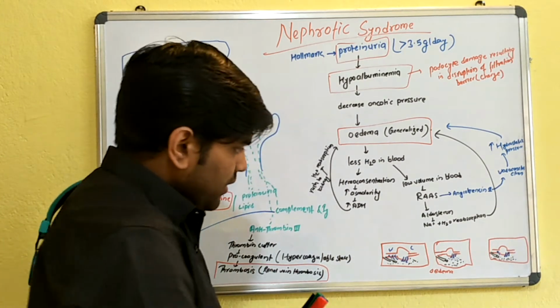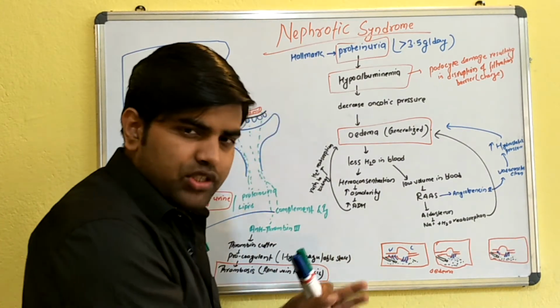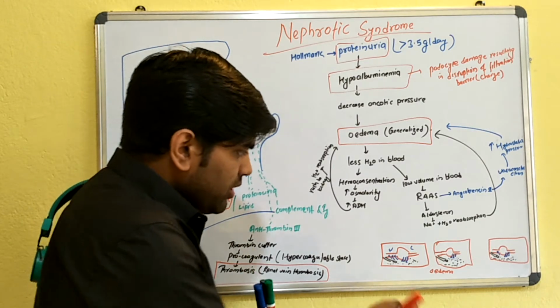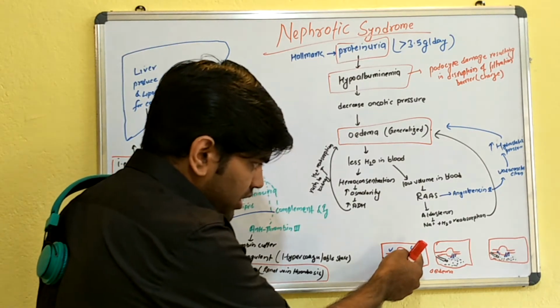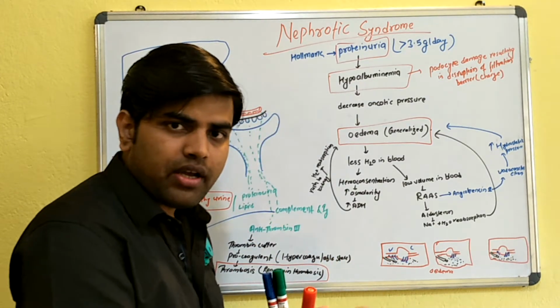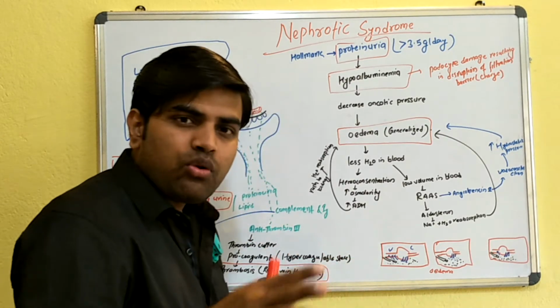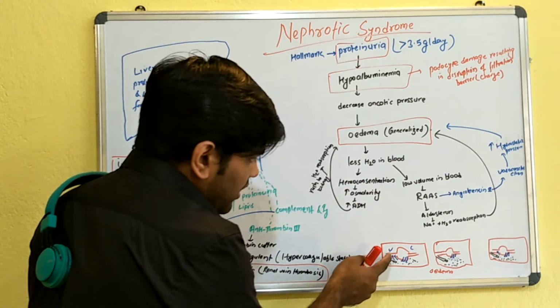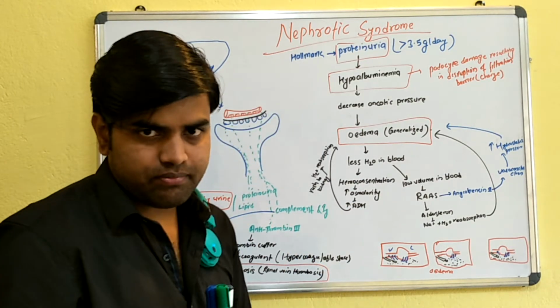In the tissue, the fluid comes out from the capillary, gives the oxygen supply and nutrition supply, washes out all the waste products, and then is sucked back by the oncotic pressure.